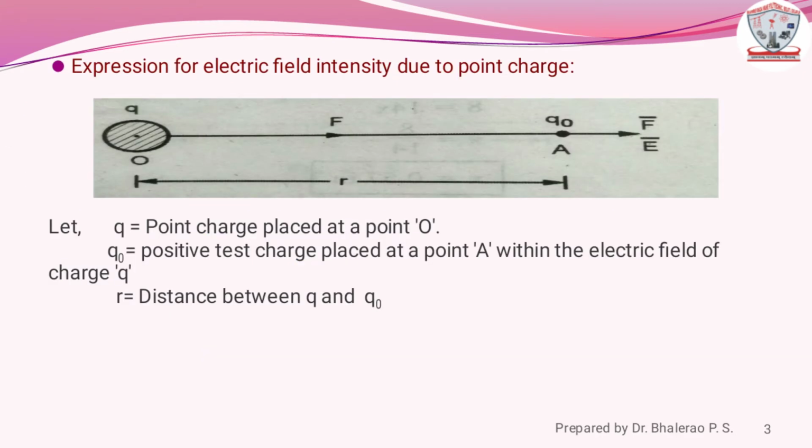Now, the expression for electric field intensity due to a point charge. In the figure, the force between Q and Q0 is F, and the distance between them is small r. Let Q be a point charge placed at a point O. Q0 is the positive test charge placed at a point A within the electric field of charge Q, and r is the distance between Q and Q0.